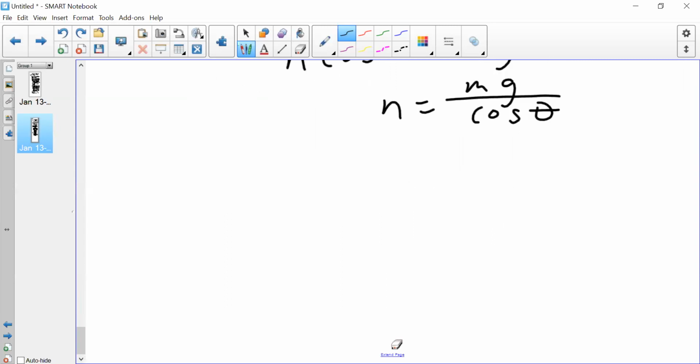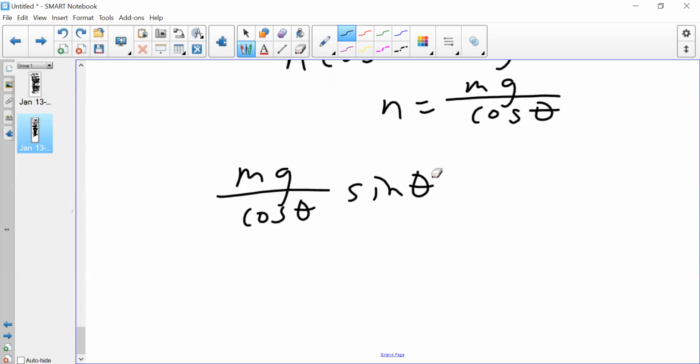And thus we have mg over cosine theta times sine theta. And then we have that.